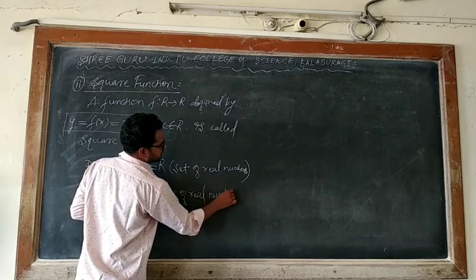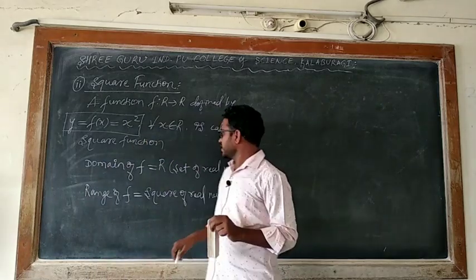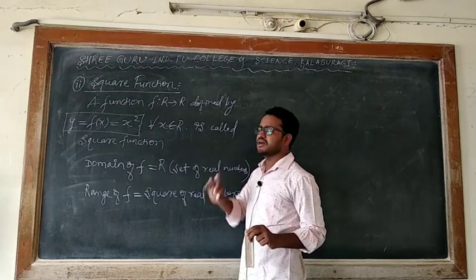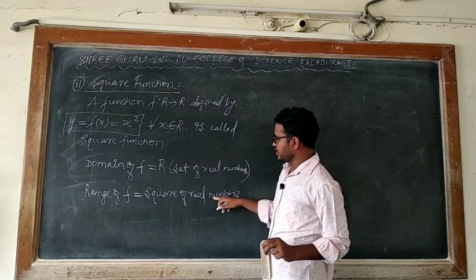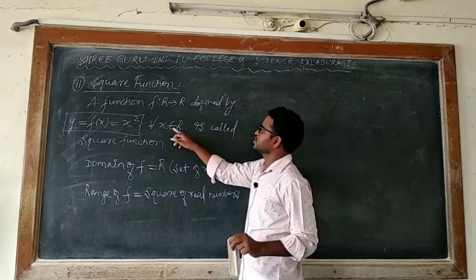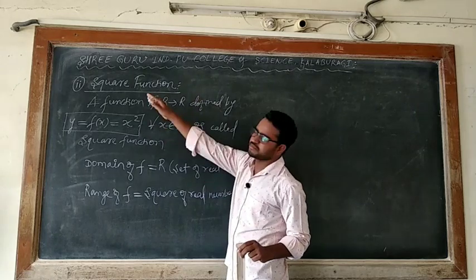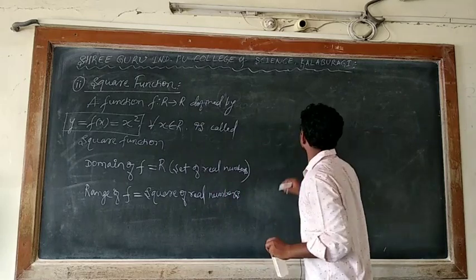What is the range? The range is nothing but the y values. The range of f is the square of real numbers. Why? Because you can take any value of x, since the domain is any value of x, but here every x value becomes its square. So when you take x as a real number, it becomes the square of that real number. y is the range, and the range is the square of real numbers.